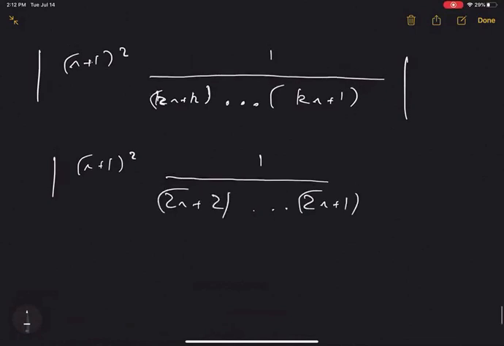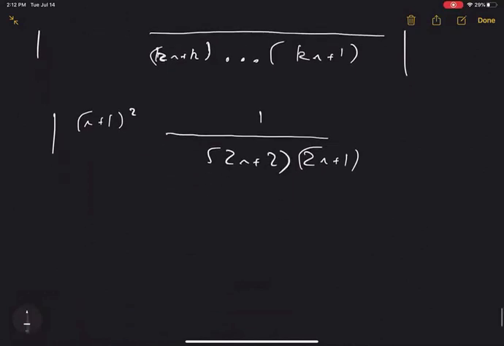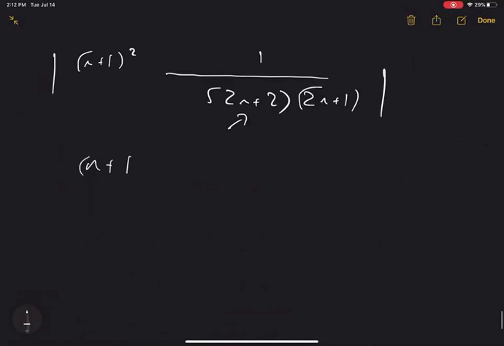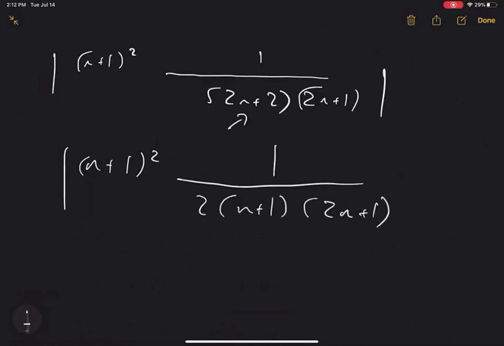Okay, well, that's just two numbers, right? This is 2n plus 2 times 2n plus 1. Now, here's where it gets interesting. Notice that we can factor this one as 1 over 2 times n plus 1, right? And I got 2n plus 1. Okay.